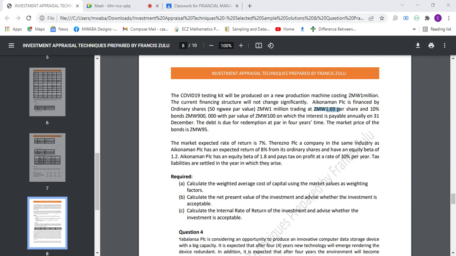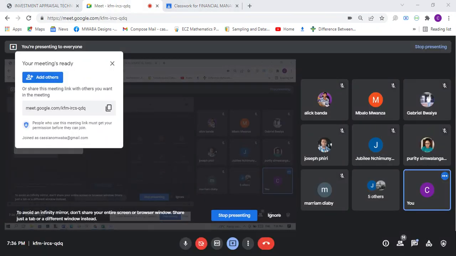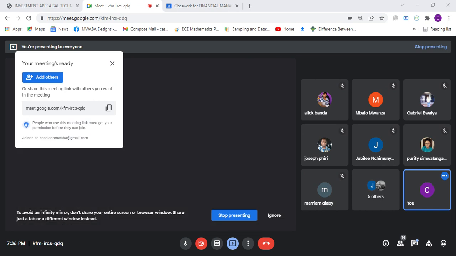The total is 4.235. So you're going to say 3.38 divided by 4.235, and the value you get, you multiply it by 100.